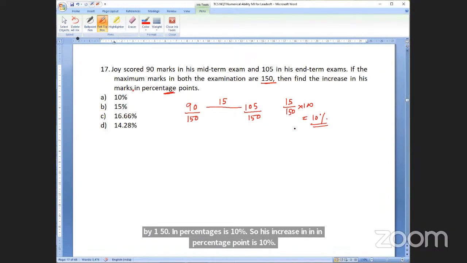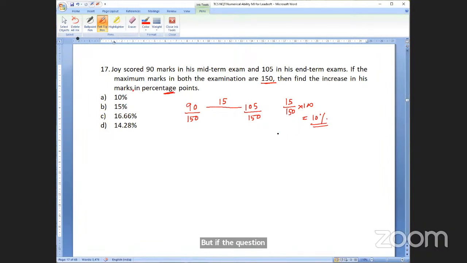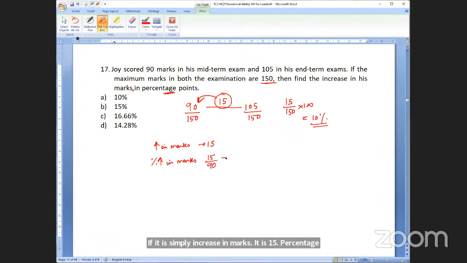But if the question is find the increase in his marks, then this 15 needs to be divided by 90. If it is simply increase in marks, it is 15. Percentage increase in marks, it will be 15 by 90. That would be 16.67%.